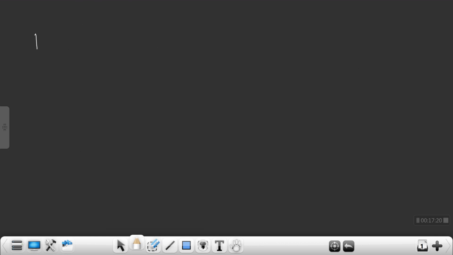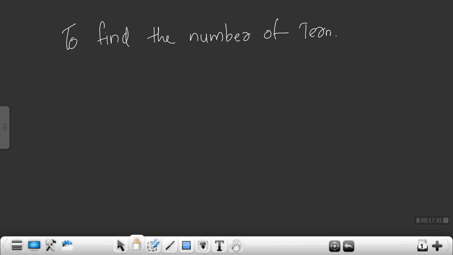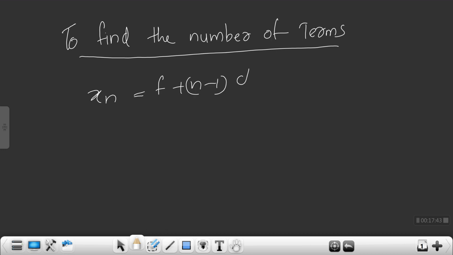Now, sometimes we want to find the number of terms of an arithmetic sequence. For that, we know that xn, the nth term, is f plus n minus 1 into d.